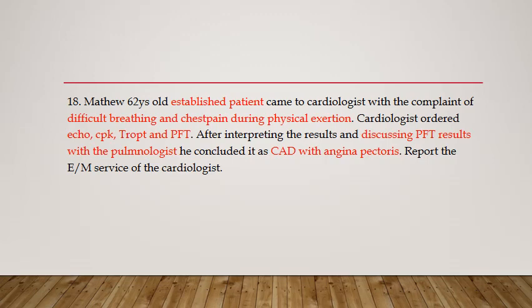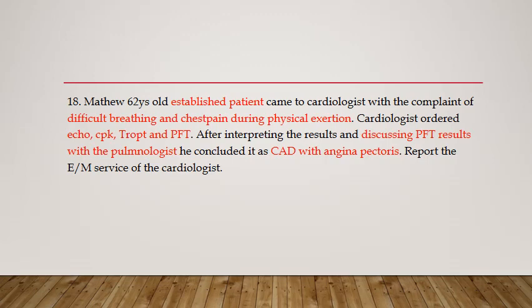Okay, so this Matthew, a 62-year-old man, is an established patient. He came to a cardiologist, and what are his complaints? Difficulty breathing, chest pain during physical exertion. Then after ordering a series of tests and interpreting the results, the final conclusion is CAD, coronary artery disease with angina pectoris.